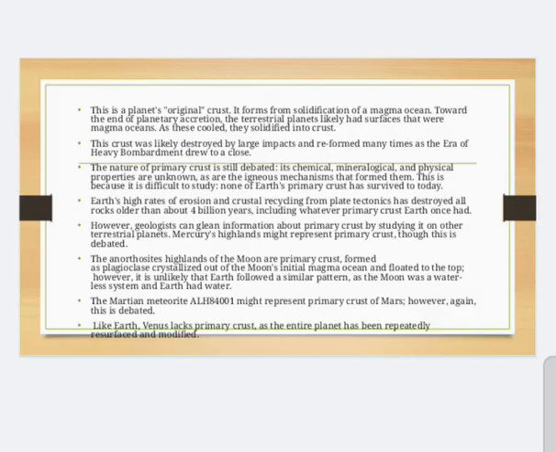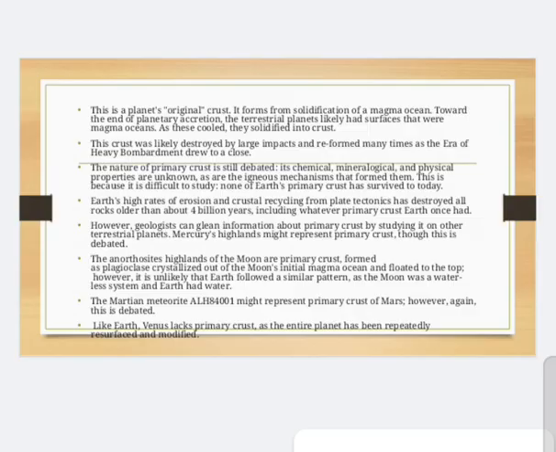The nature of the primary crust is still debated. Its chemical, mineralogical and physical properties are unknown, as are the igneous mechanisms that formed it. This is because it is difficult to study. None of Earth's primary crust has survived to today. Earth's high rate of erosion and crustal recycling from plate tectonics has destroyed all rocks older than about 4 billion years, including whatever primary crust Earth once had.